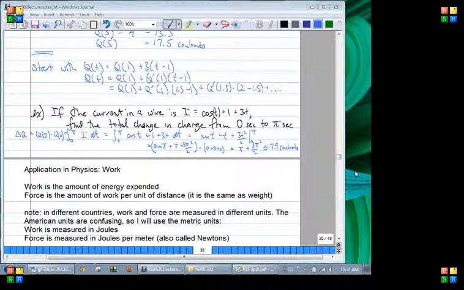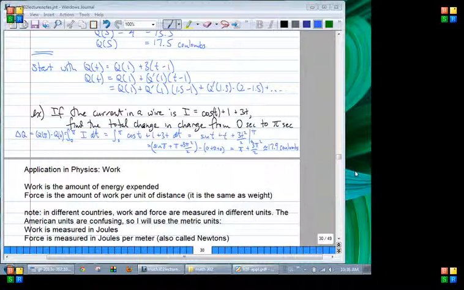So here we go. What is work? Work is just the amount of energy expended. Things like lifting an object or moving from here to there, all these things in physics require something called work. Force is the amount of work per unit of distance.